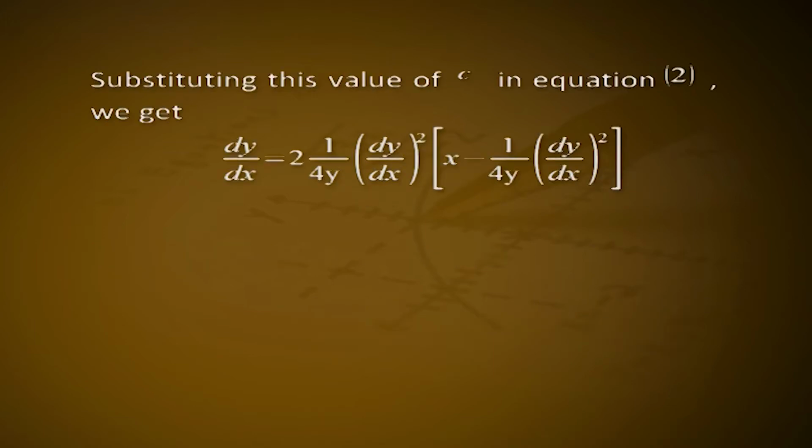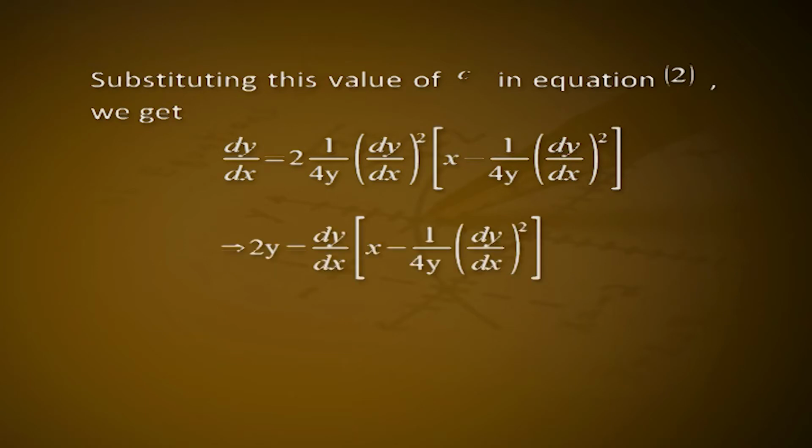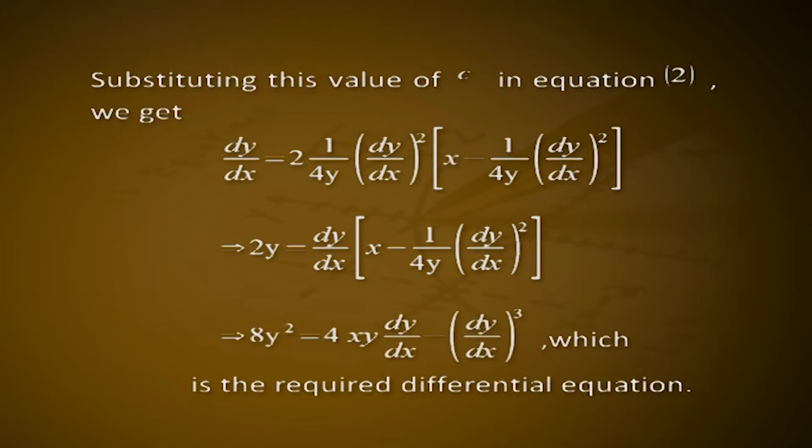Substituting this value of c in equation 2, we get dy/dx is equal to 2 times (1/4y)(dy/dx)² times (x minus (1/4y)(dy/dx)²), which implies 2y is equal to dy/dx times (x minus (1/4y)(dy/dx)²), which implies 8y² is equal to 4xy dy/dx minus (dy/dx)³, which is the required differential equation.